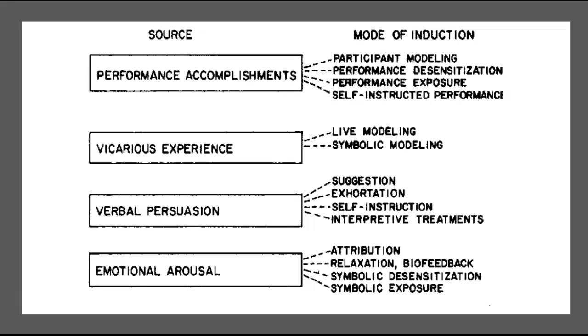On the arousal side, making the right kinds of attributions can improve self-efficacy. If you want to improve your efficacy to ward off a sense of anxiety and worry about performance, learning to relax before going into a performance situation can help you to modify what kind of experiences you're having in response to a particular event.